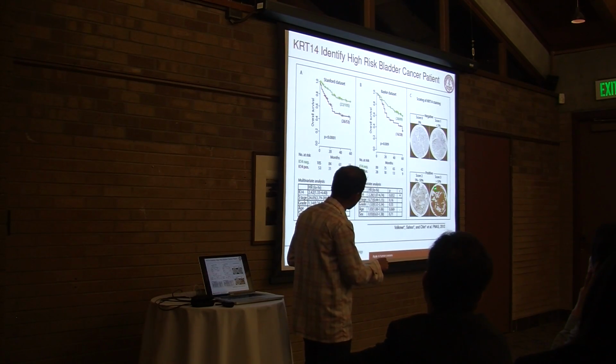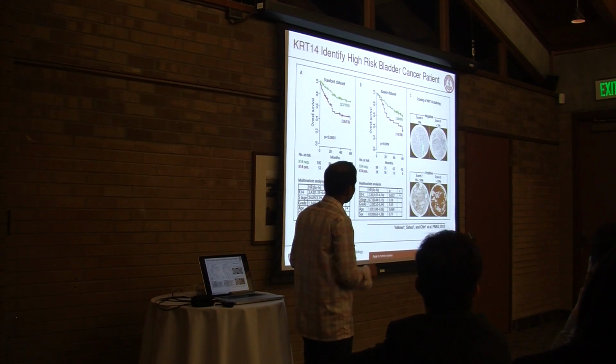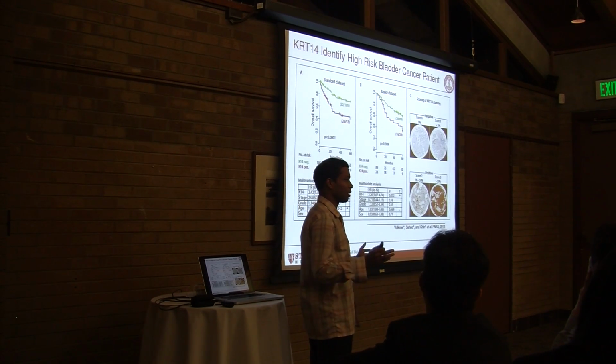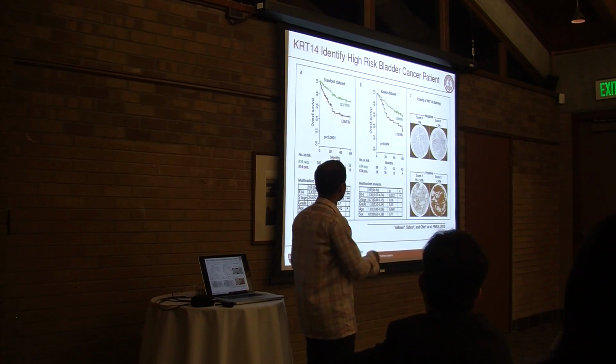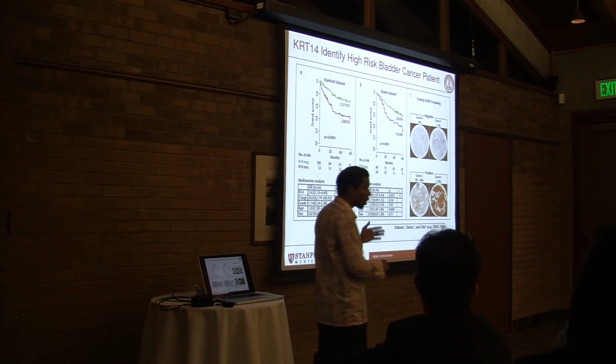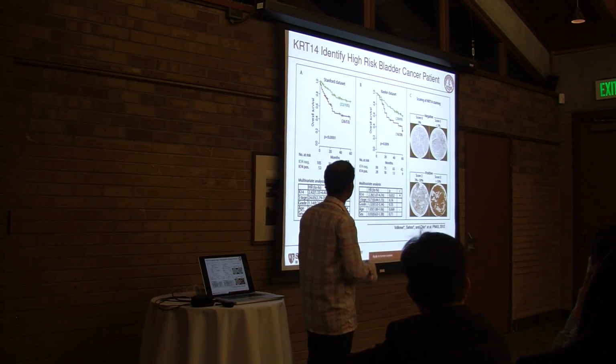If it's brown, then it's positive. If it's not brown, then it's negative, right? This is a very simple staining procedure that any hospital can do anywhere in the world. Every hospital has expertise to do this kind of analysis. So you could call a bladder cancer positive or negative based on keratin 14.